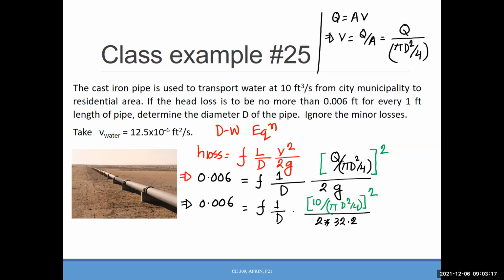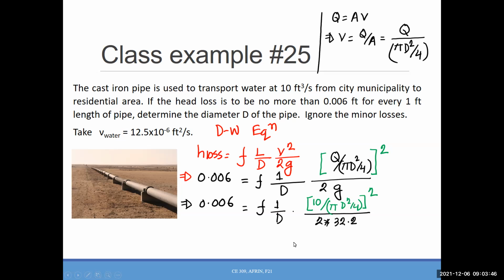So since we know the head loss magnitude, we started from that point. They also told us to ignore the minor losses, so I'm not doing anything about the minor losses. I'm considering all the loss happening here due to friction. So that's what we did here, like f L over D V square over 2g.